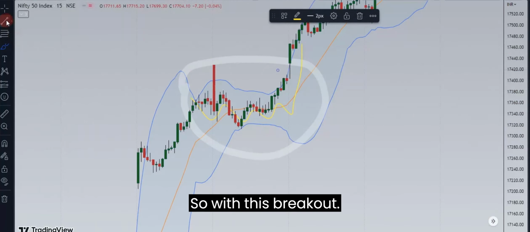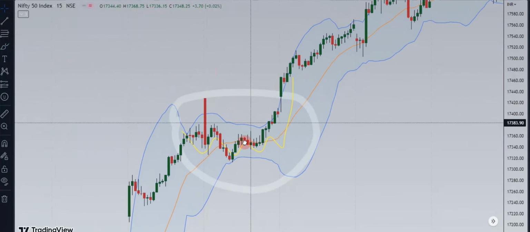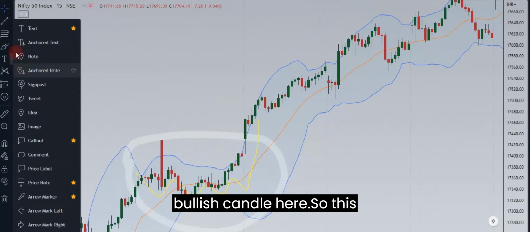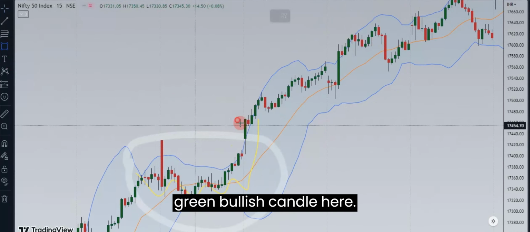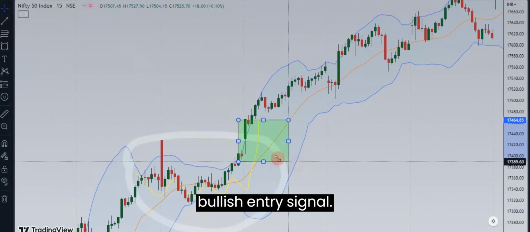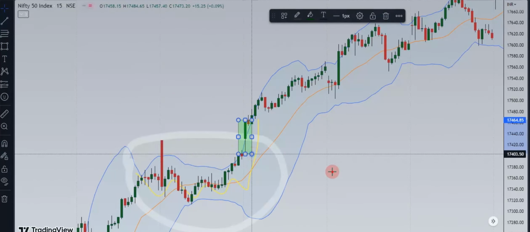So with this breakout, we can clearly see a green bullish candle here. This green bullish candle clearly signifies a bullish entry signal.